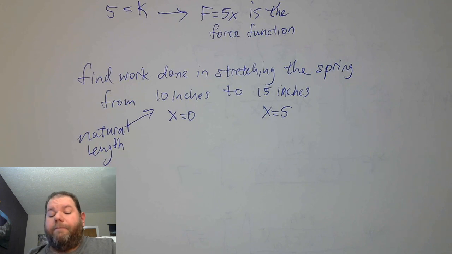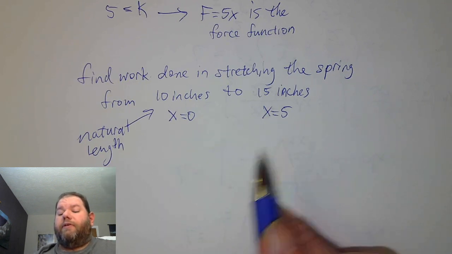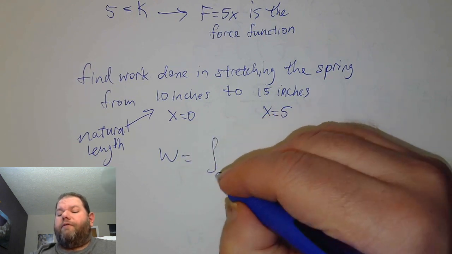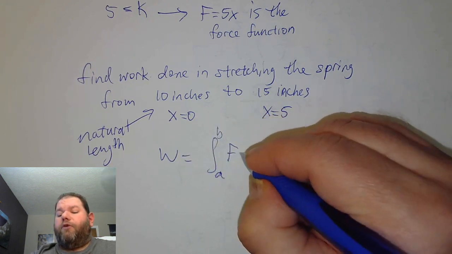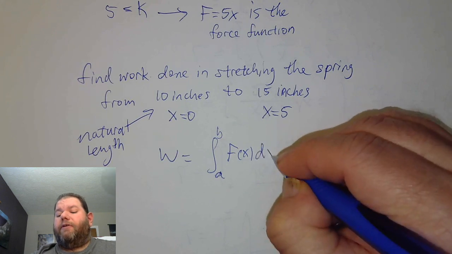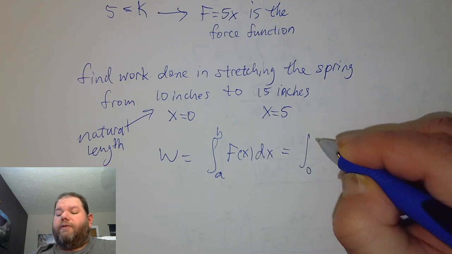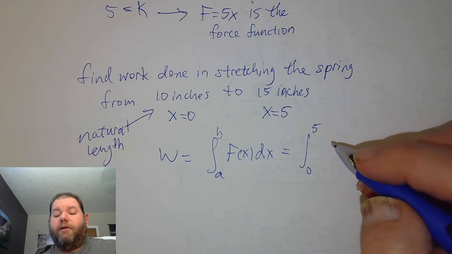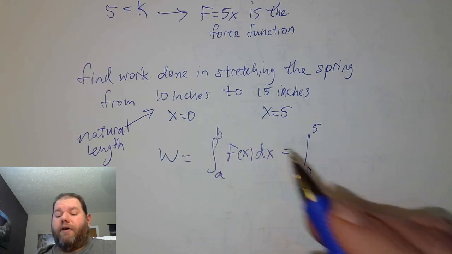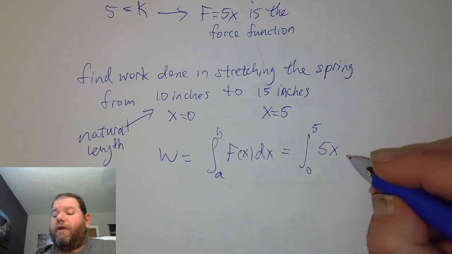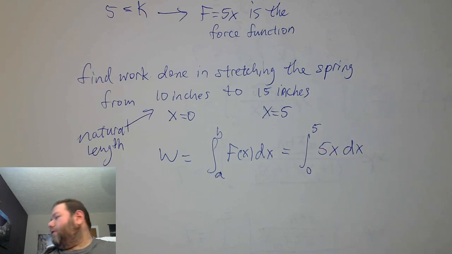All right. And so this allows us to set up our work as an integral from a to b of our force function f of x dx. And our limits in this case are the distance we have to stretch the spring, which is from 0 to 5. We'll insert our force function, 5x dx.